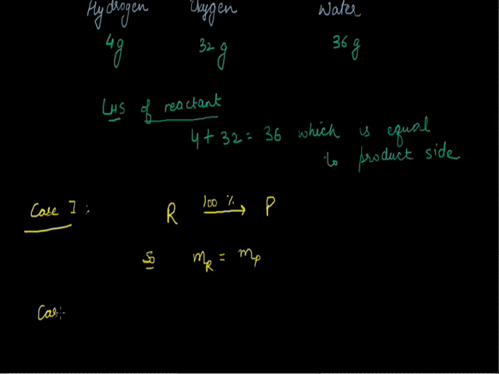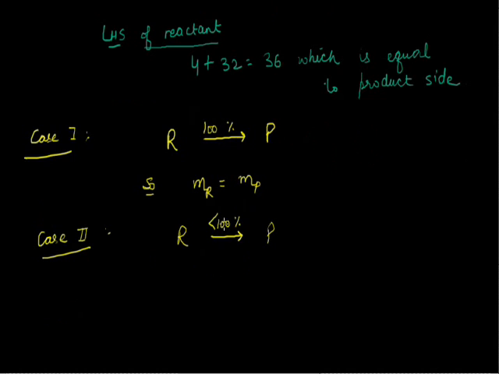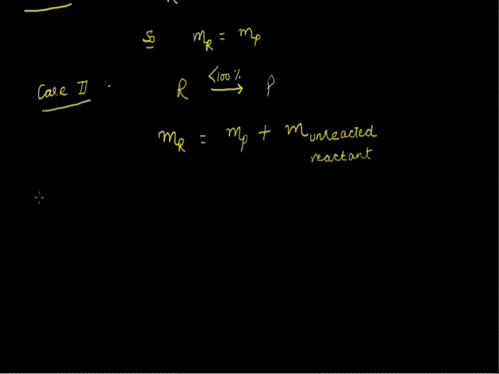But in case 2, suppose the whole reactants are not converted into products. It means initial mass of reactants is equal to the final product formed plus mass of unreacted reactant.